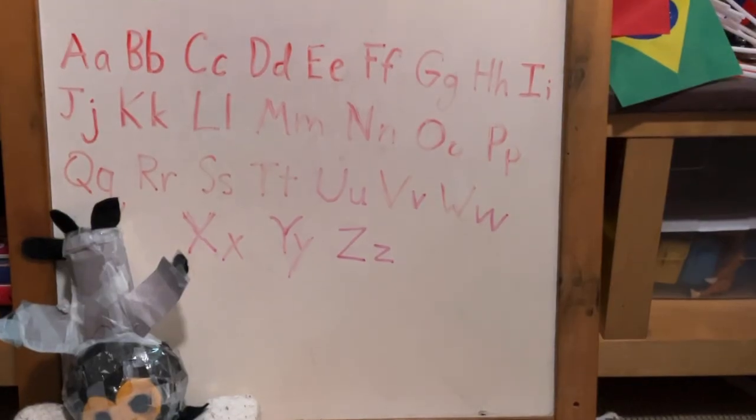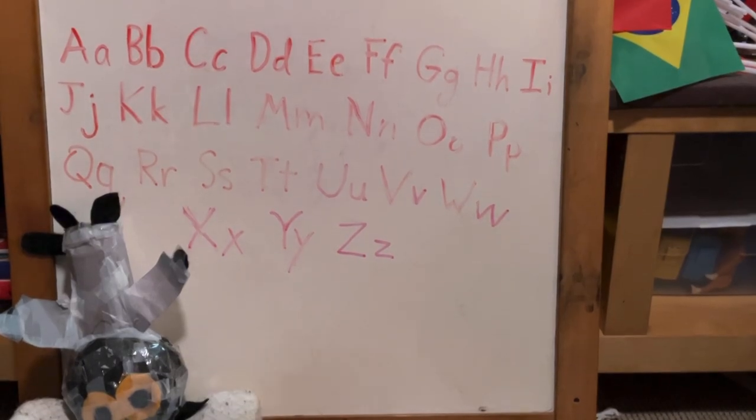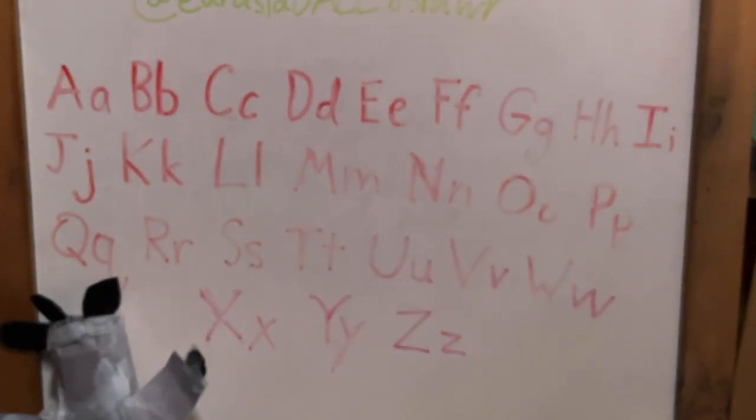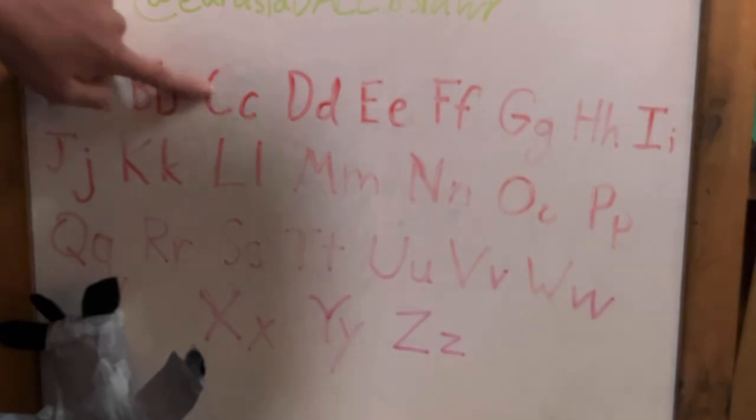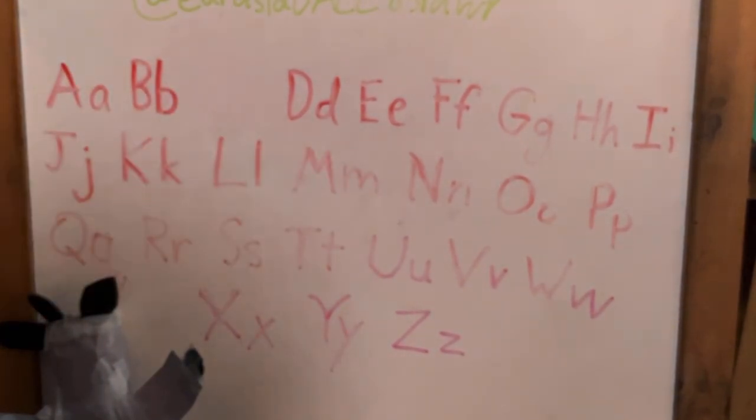Okay, let's get into the first part of this video, and that is removing letters. So to start, let's get rid of C. There are two reasons why I think we should do this.